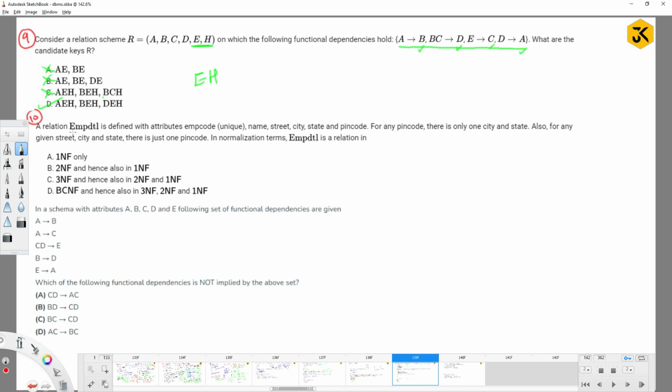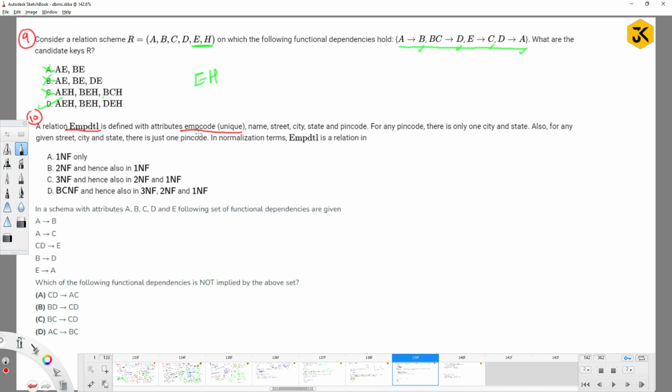A relation EMPTD1 is defined with the attributes EMP code (unique), name, street, city, state and pin code. For any pin code, there is only one city and state. Also, for any given street, city and state, there is just one pin code.